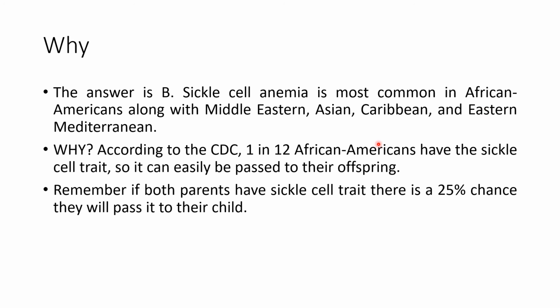Then why do African Americans have such a predominant level of sickle cell anemia? 1 in 12 African Americans have sickle cell trait, so that can be passed to their offspring. Remember, if both parents have sickle cell trait, there is a 25% chance they will pass it to their child.